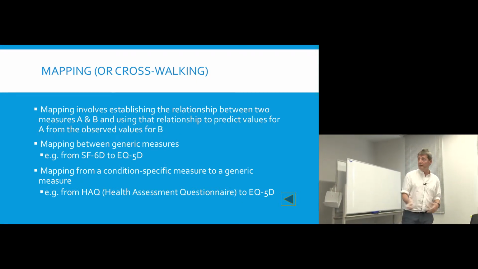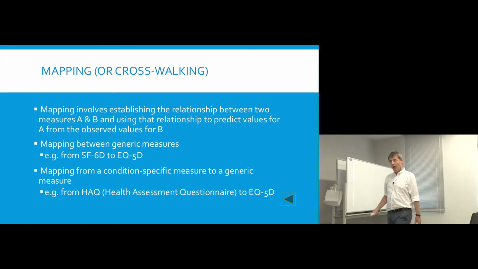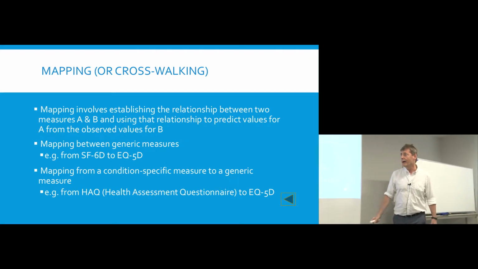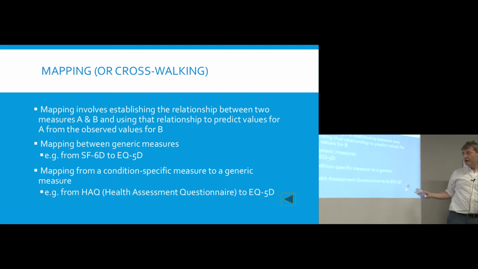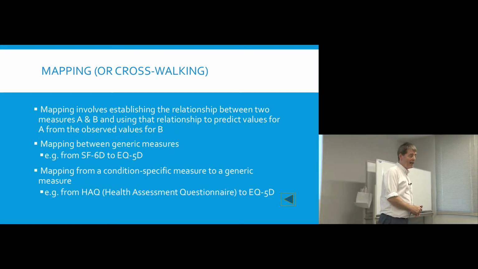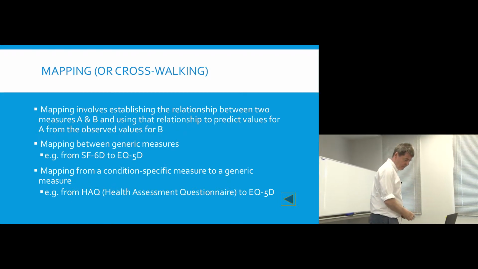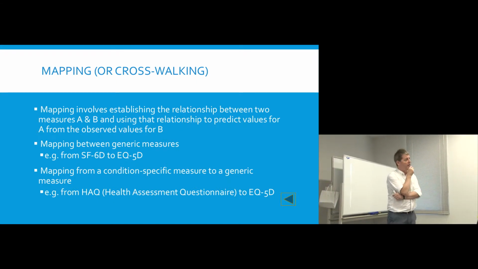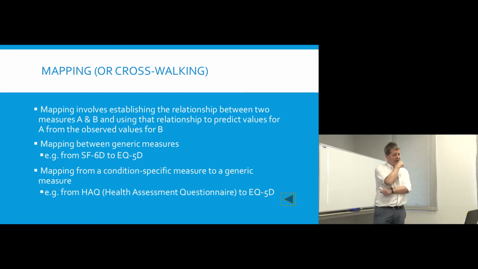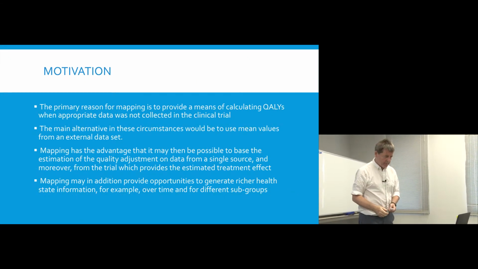You can map from SF6D to 5D, or more usefully, perhaps, you can map from condition-specific measures to a generic measure. For example, there's a condition-specific measure used for rheumatoid arthritis called the HAQ, or Health Assessment Questionnaire. You can map from that to an EQ5D.